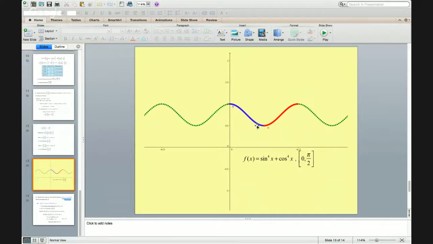From 0 to pi by 4, it's decreasing, and then from pi by 4 to pi by 2, it is an increasing function. That is something interesting that you can do with the help of these softwares and technology. You can plot and see, and if you have the graph in front of you, then deciding whether a function is increasing or decreasing is really simple.